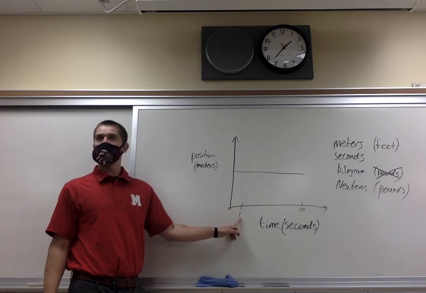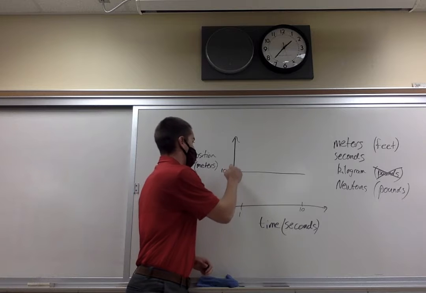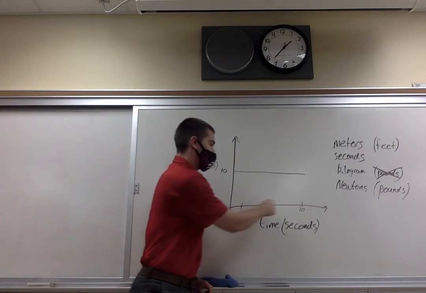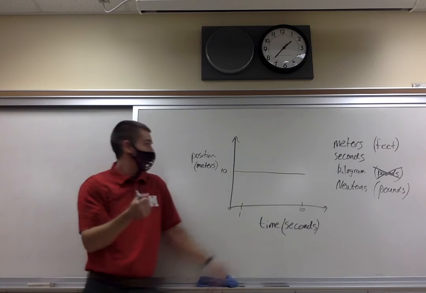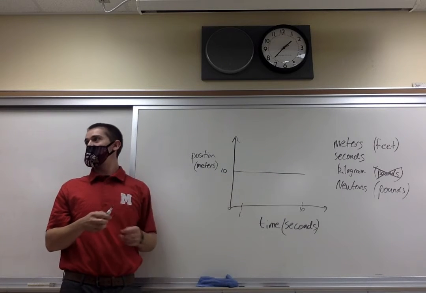At time 1 second, my position is, we'll say, 10 meters. If I fast forward in time to 10 seconds from when I started recording, my position is still 10 meters.